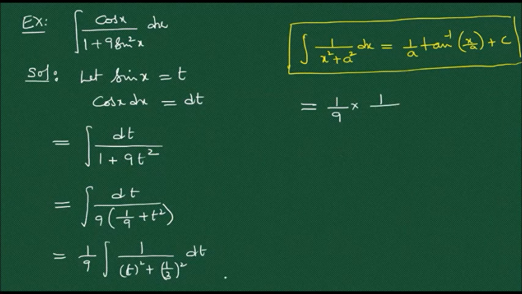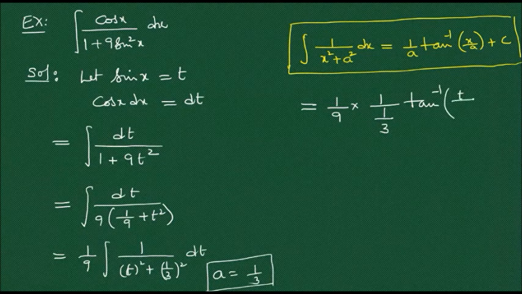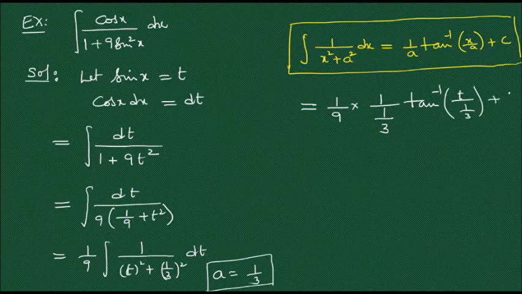A here is 1 by 3. So 1 by 1 by 3 tan inverse x is t by 1 by 3 plus C.